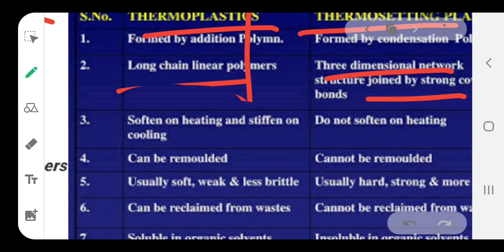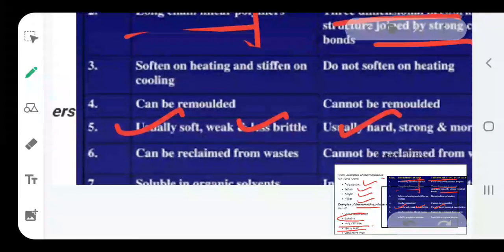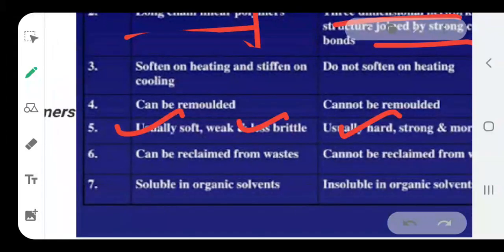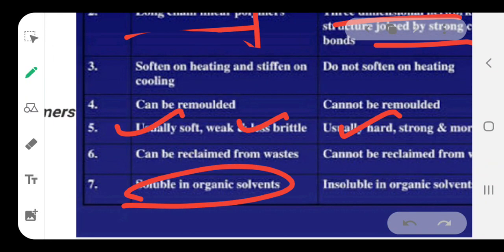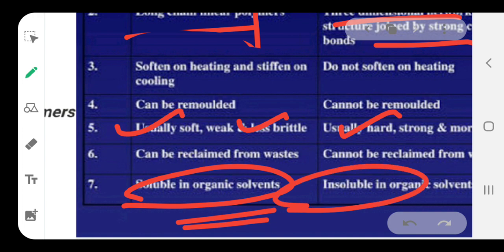Thermoplastics are usually soft or less brittle, while thermosets are usually very hard, very strong. The last point you can write for memory is that thermoplastics are soluble in organic solvents, a term we will use in coming chapters, while thermosets are insoluble.